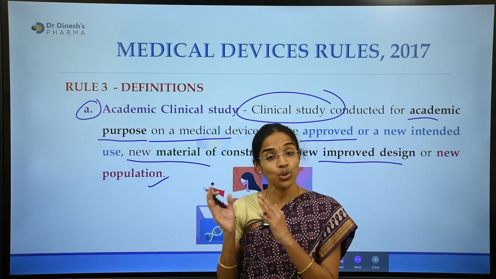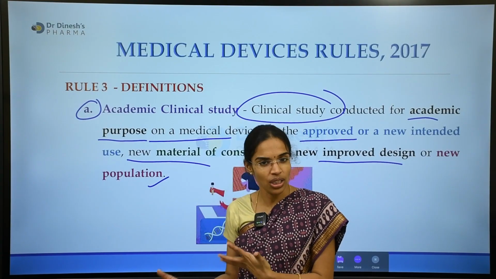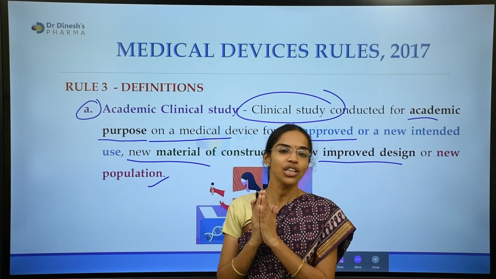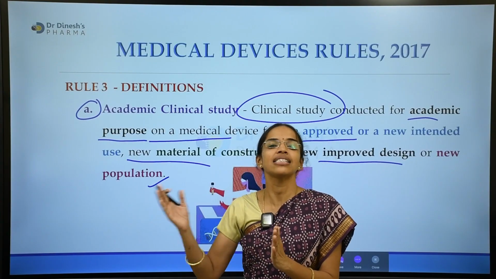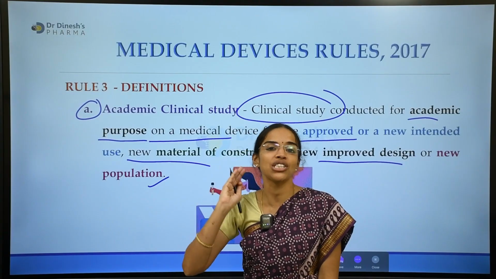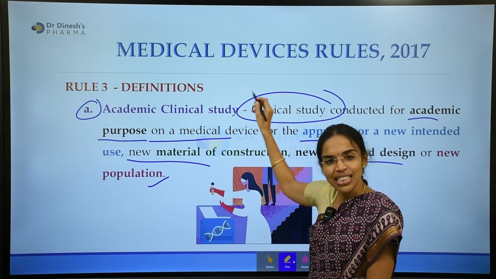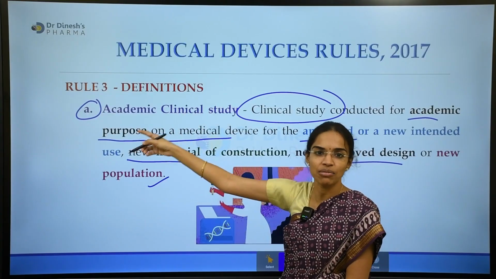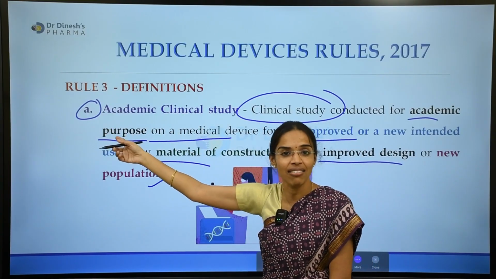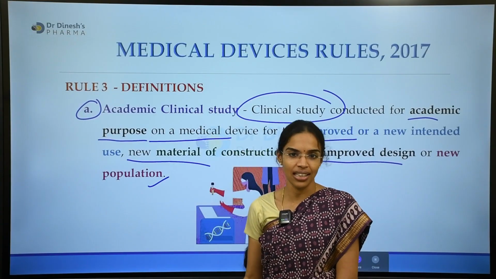Like it was earlier used only in pediatrics, or only for geriatrics, or only for normal volunteers, and it can be used further in geriatrics or such. When a population group is changed and a clinical study is performed, that comes under 3A. That is covered under Rule 3A of the medical devices, that is the academic clinical study.